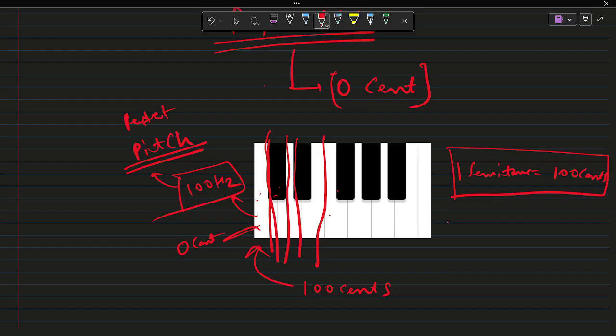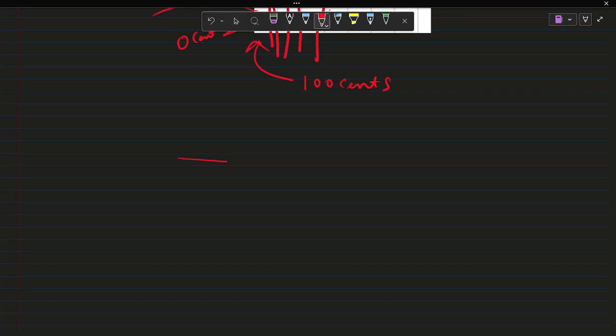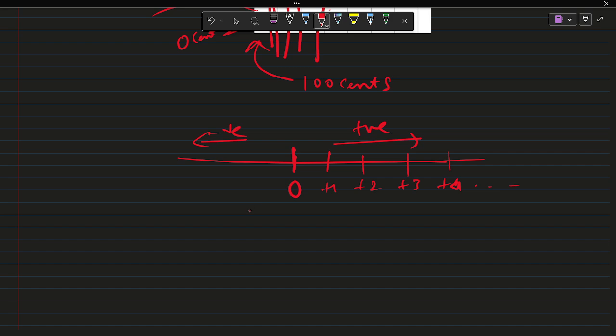And where 0 is your perfect pitch, suppose we take the example of a number line. So cent is basically defined by limiting your number line. Your number line can be from 0. If we go to the positive side, we'll get the positive values like +1, +2, +3, +4, up to infinity. And in the negative side also, we'll get up to infinity.